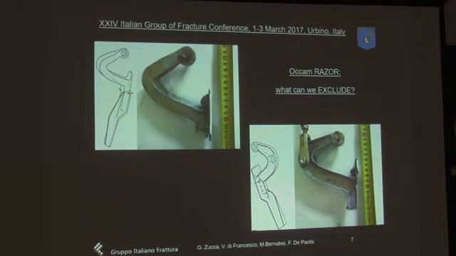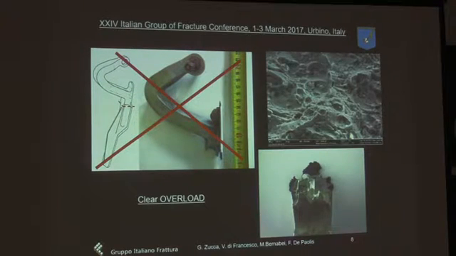So firstly, the forward hinge experienced just overload, as we can see from this image. The image is very clear. We can see the dimples that are a clear signal of overload.